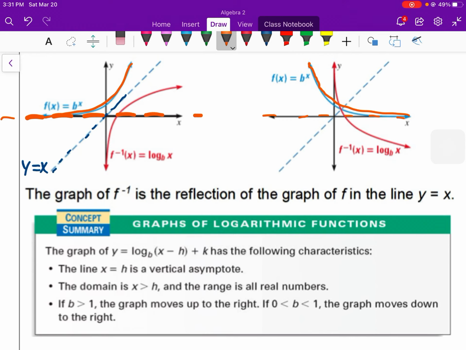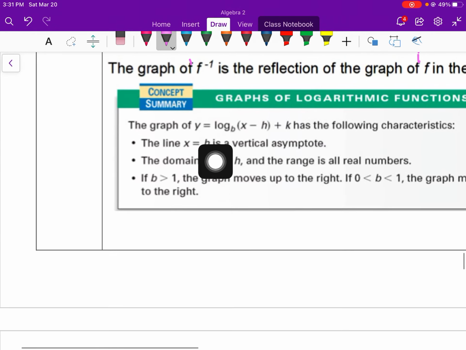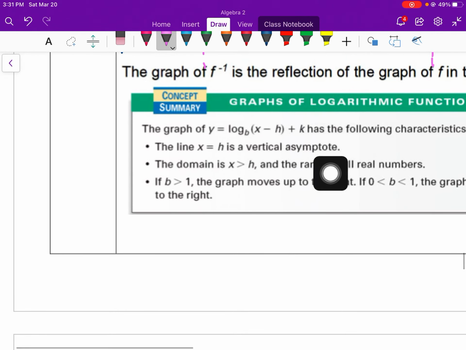So that means your inverse function, this one, and now this one in pink, are going to have a vertical asymptote, which would be here and here. So it says x equals h is a vertical asymptote. When it was y equals k, your inverse relation now is x equals h, vertical asymptote.